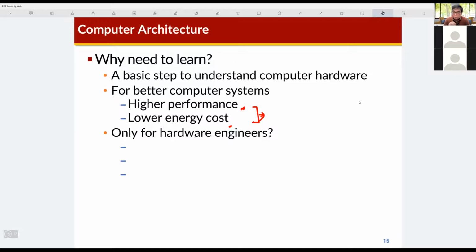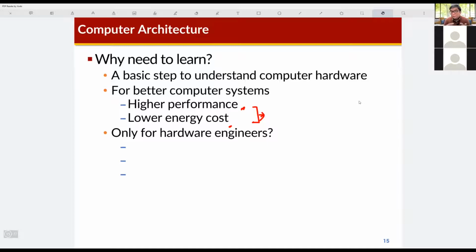So it needs to consume lower energy. So we first check the performance and cost of new hardware. This knowledge is required for making better computer systems.